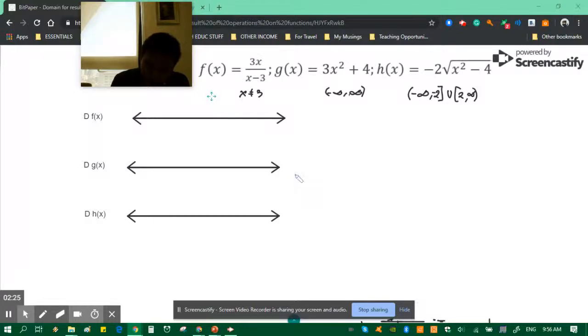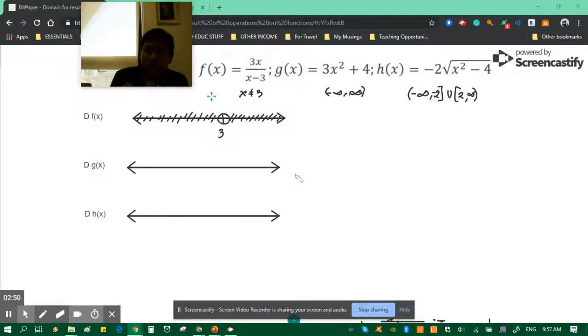So let's mark where 3 is for f of x. Let's say that's 3. Cannot have 3 in the domain, so the domain of f is represented by this graph.